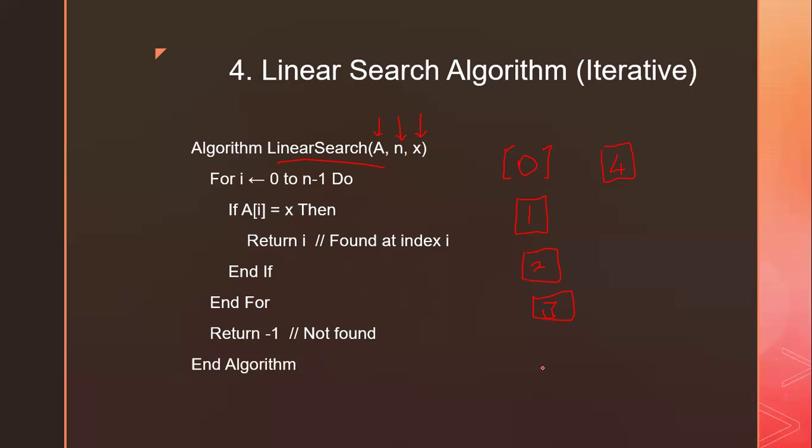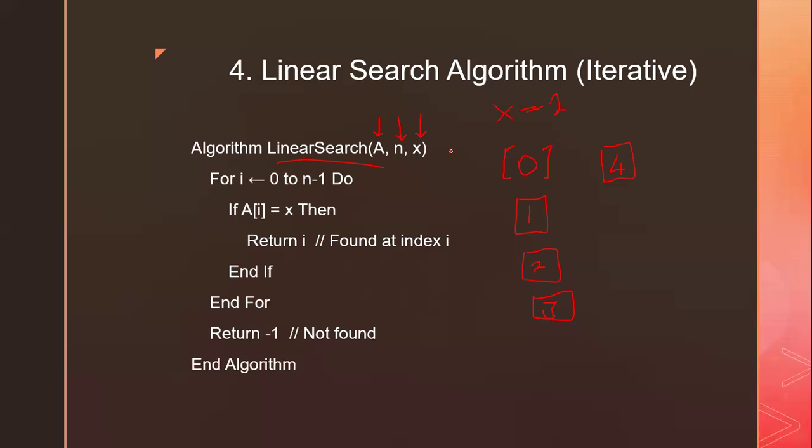Within this loop here, if we're looking for 2, let's say these are the actual values within the array. If we find that the value x is equal to 2, this thing is going to continuously loop around until it finds x equal to 2 within this array.